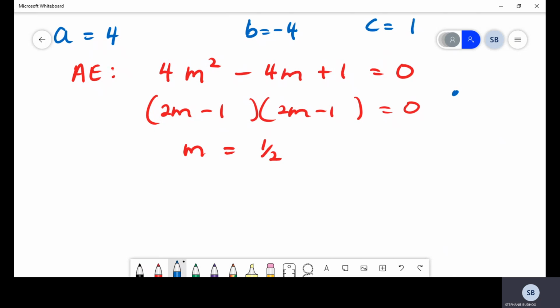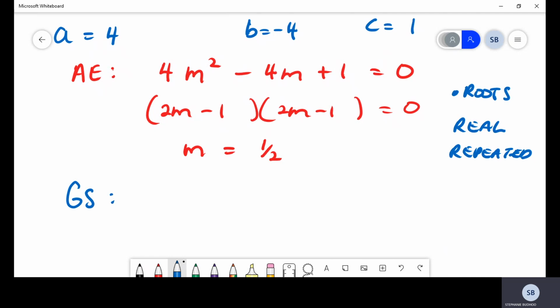Because this is a case where your roots are repeated and real, we have a special general solution for this type of question.